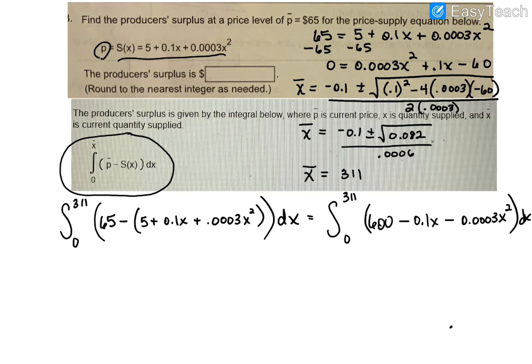Okay, so when we integrate the 60, I'm sorry, not 600, that should be a 60. That will become a 60x. And then when we integrate the 0.1x, we're going to get the 0.1x squared over 2. And then minus, when we integrate the 0.0003x squared, that'll become an x cubed over 3.